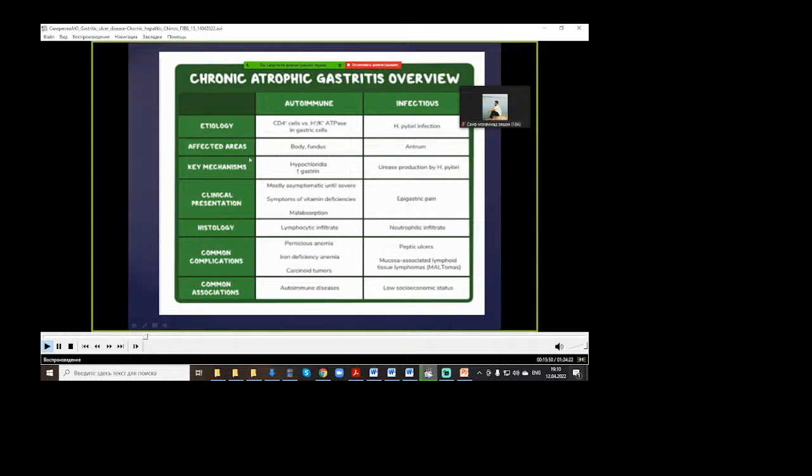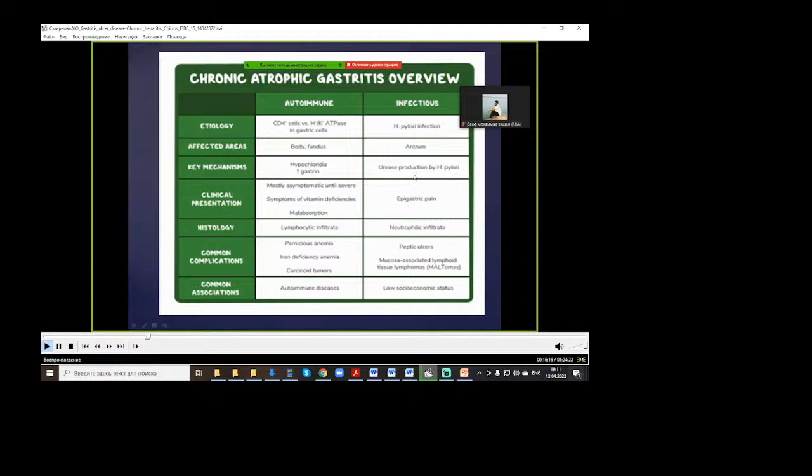Key mechanism of pathogenesis: in autoimmune gastritis, the most important is hypochlorhydria and increased gastrin. And in Helicobacter pylori gastritis, the main aggressive factor will be urease production by Helicobacter pylori.